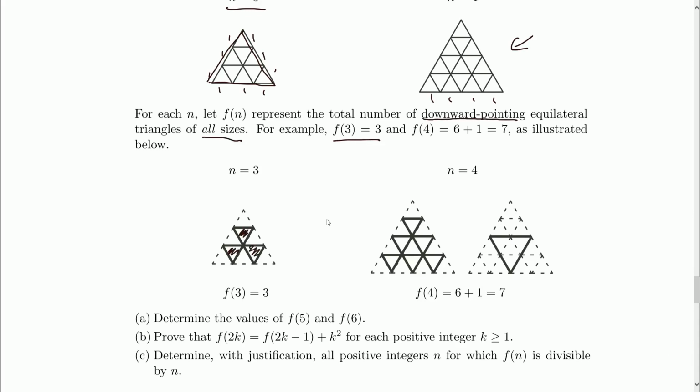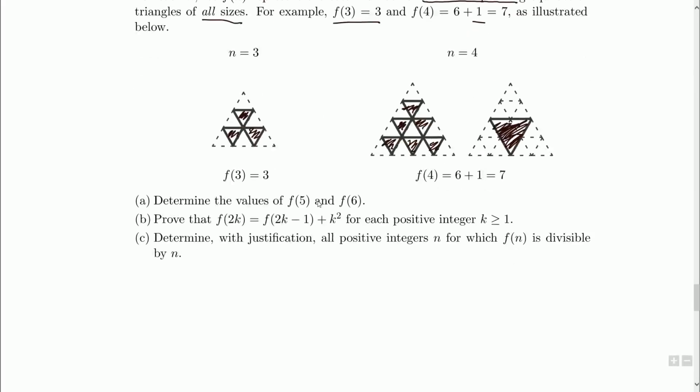And f of 4 is 6 for these individual ones here, and this one bigger one, because all sizes count. And if we were even bigger, you could get one that was of size 3 and pointing down. That's the idea, probably for this f of 6 here. So A, determine the values of f5 and f6.